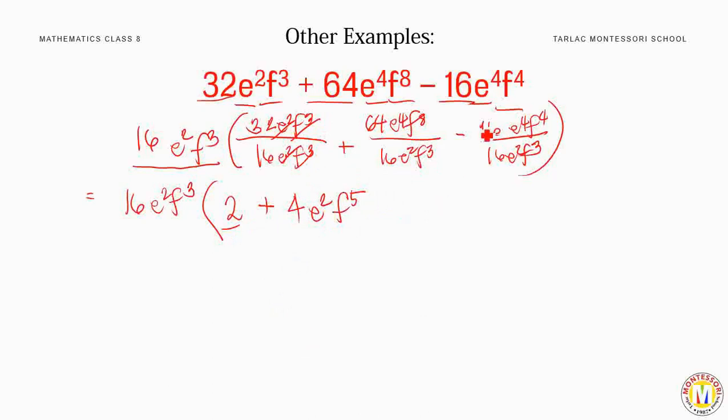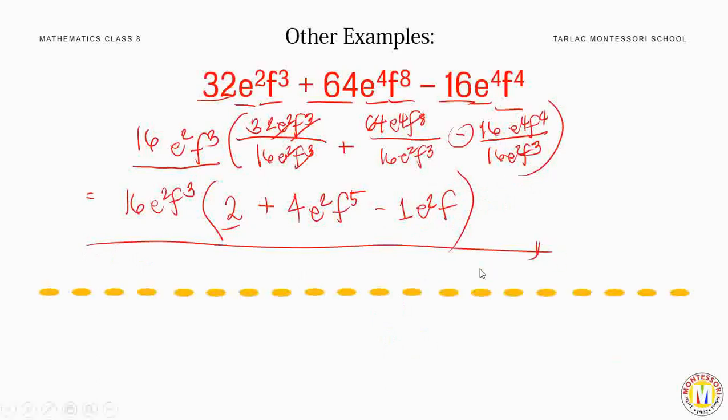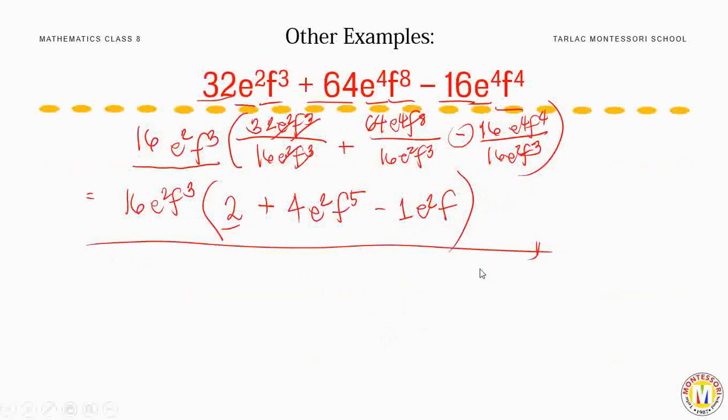The other one, 16 divided by 16, so we'll have negative 1 since we have a negative sign there. e raised to 4 divided by e squared, will be left with e squared. f raised to 4 divided by f raised to 3 will be left with f. So this one will be your final answer for this polynomial.